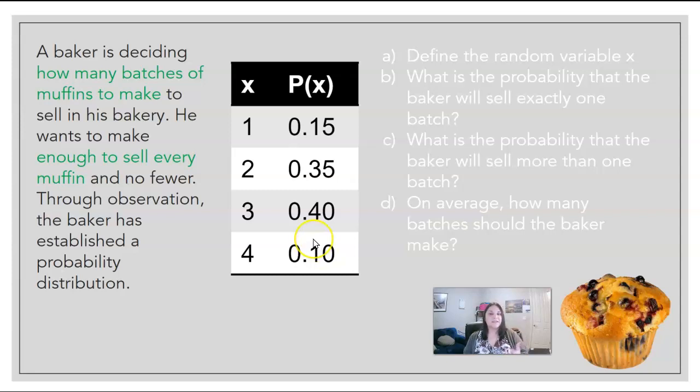And then finally, on average, how many batches should he make? That would be if you were to calculate the mean or the expected value. You see me grabbing my calculator, and what I'm going to do is go into L1 and type in 1, 2, 3, 4 in list 1, and then I will type in 0.15 and the other probabilities in list 2.